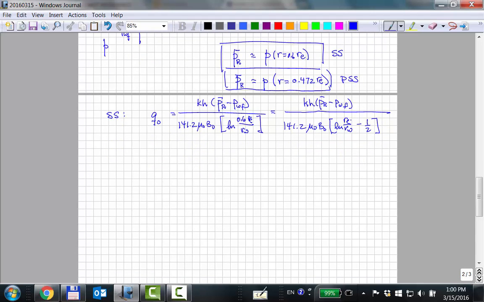Now, that means that we can rewrite the pseudo-steady state equation as KH, like that. But the log of 0.47 is minus 3/4.